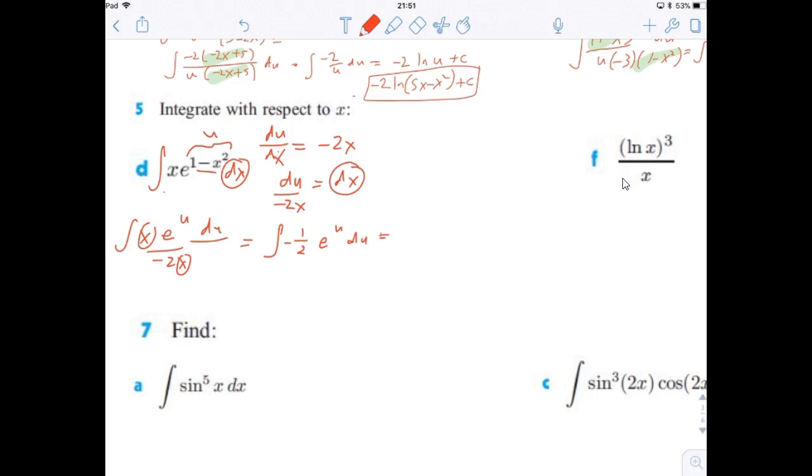And the integral of that is negative 1/2 e to the u plus c. And then we just need to put the u back in. So the u is 1 minus x squared. So negative 1/2 e to the 1 minus x squared plus c. Not too bad.